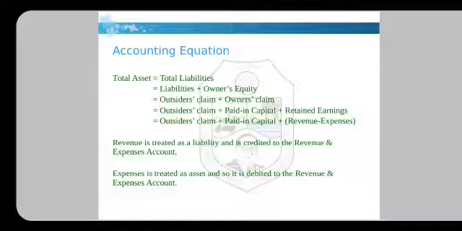So your accounting equation will become total assets equal to outsiders' claim plus paid in capital plus revenue and expenses. Now in this case, revenue is treated as a liability and is credited to the revenue and expenses account. Expenses are treated as an asset, and so are debited to the revenue and expenses account.